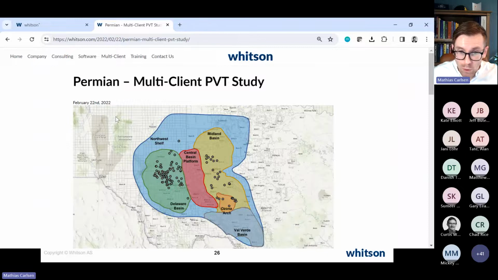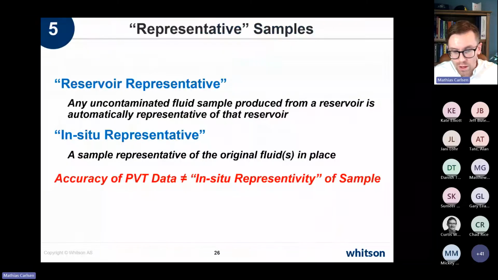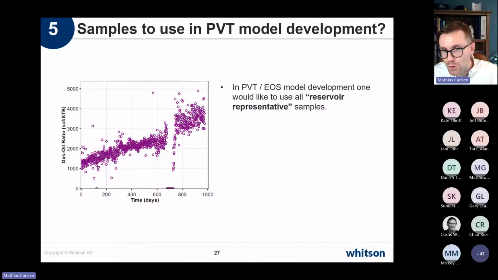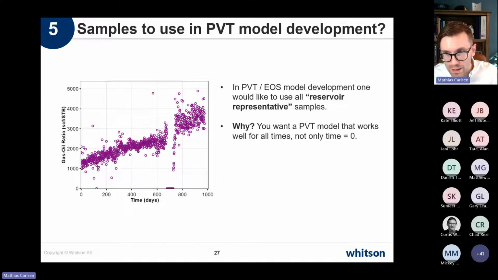And those can be both in situ representative samples and reservoir representative samples. So they can be both. And why would you like to have both in your data set? Well, if you look at how your producing GOR is changing over time, you will see that you don't want to only have a PVT model that's representative for when time is equal to 0.